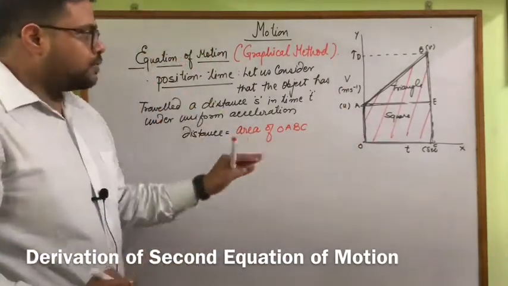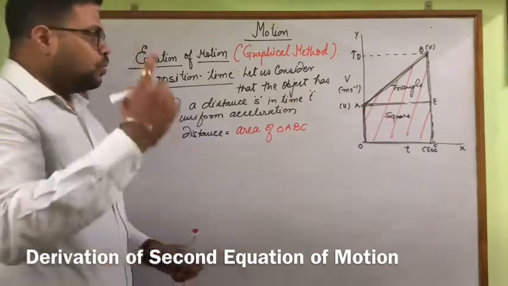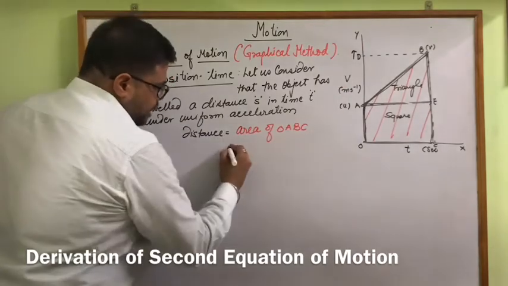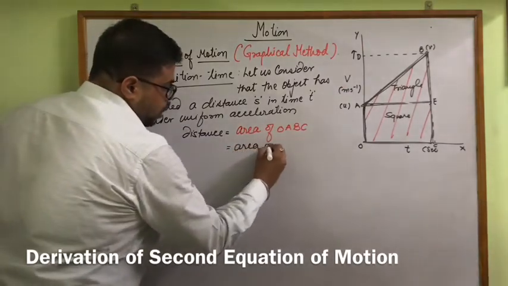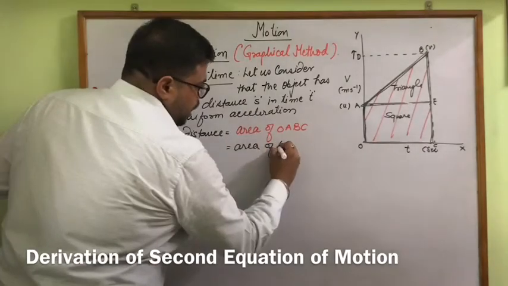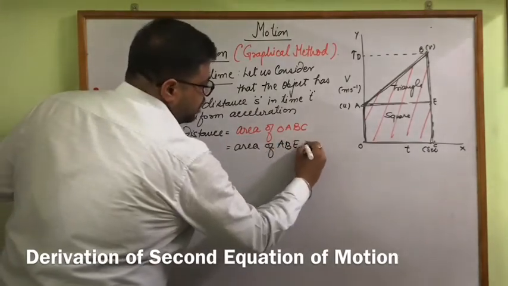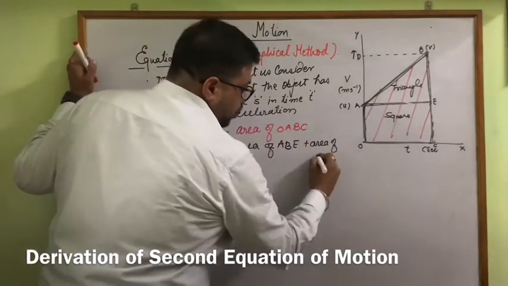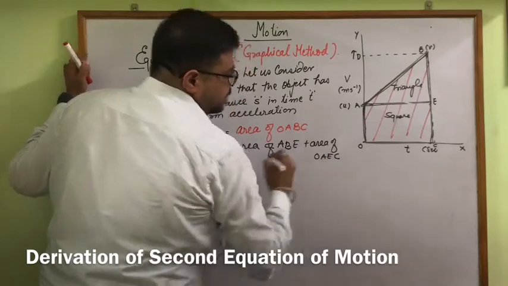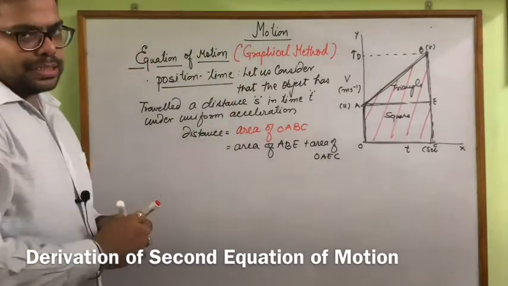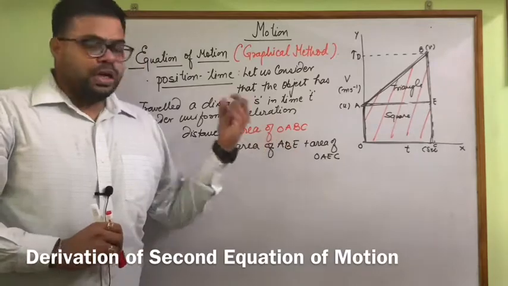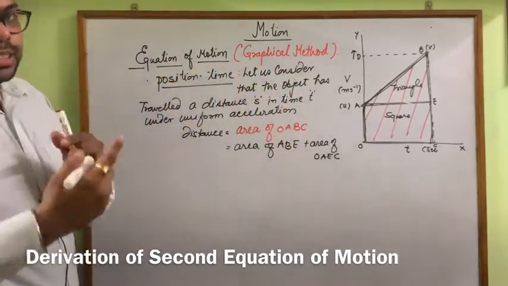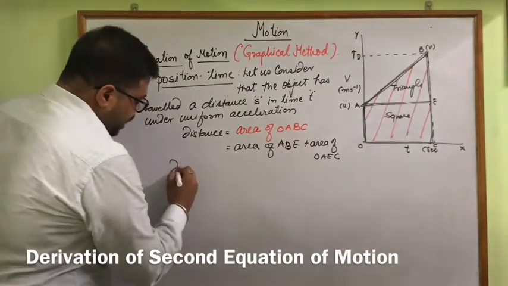So first of all, I am using the second method. Now the area of OABC is the area of triangle ABE plus the area of the square OAEC. Now in 9th class we know the particular formula. So again I rewrite distance.